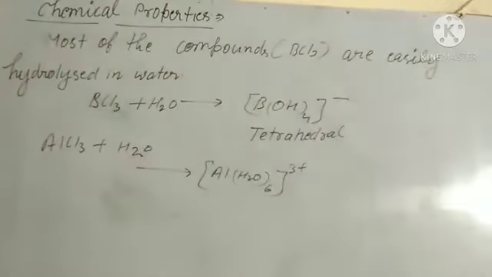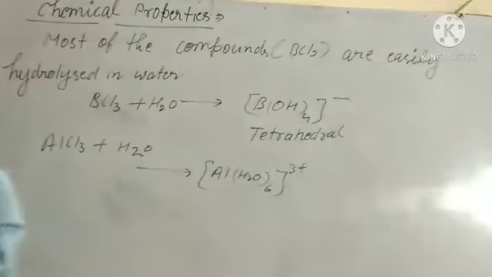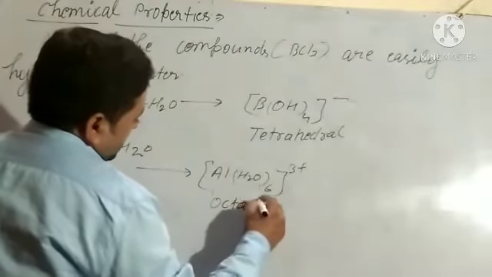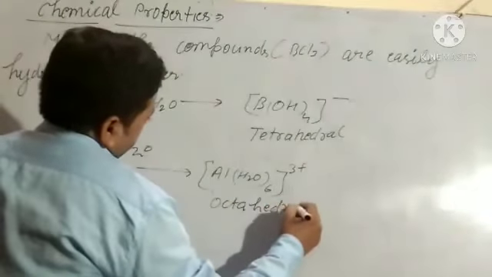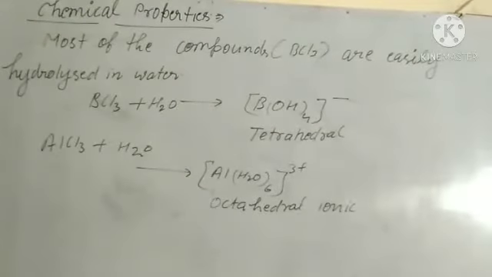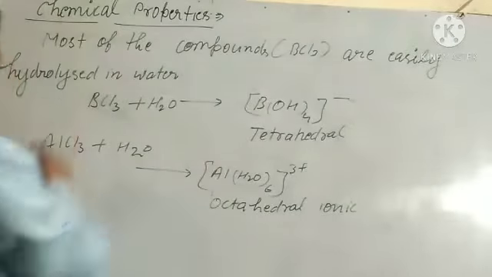So most compounds like BCl3 and AlCl3 are easily hydrolyzed in water and form ionic compounds.